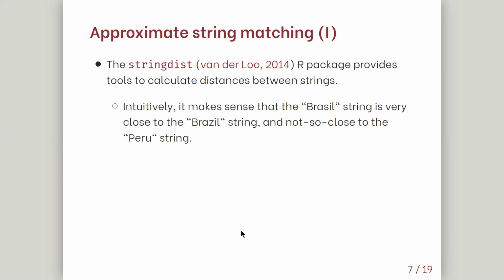Intuitively, it makes sense that the Brazil string with an S is very close to the Brazil string with a Z, right? And not so close to the Peru string. And there are different algorithms that basically do different permutations and count the number of characters and different sorts of things that I will not try to explain because I don't understand them. But intuitively, it makes a lot of sense, right? So we can use this idea to help us with the join.